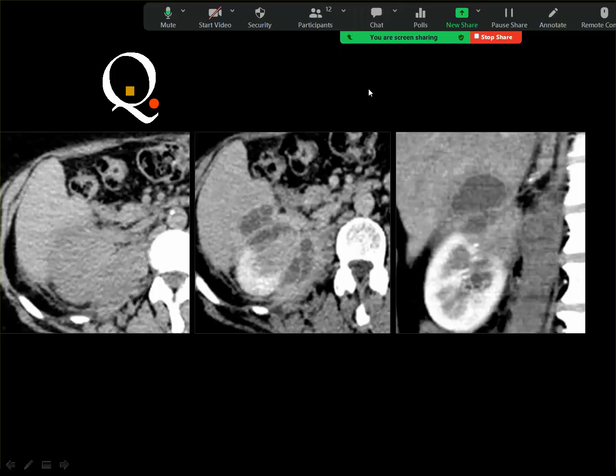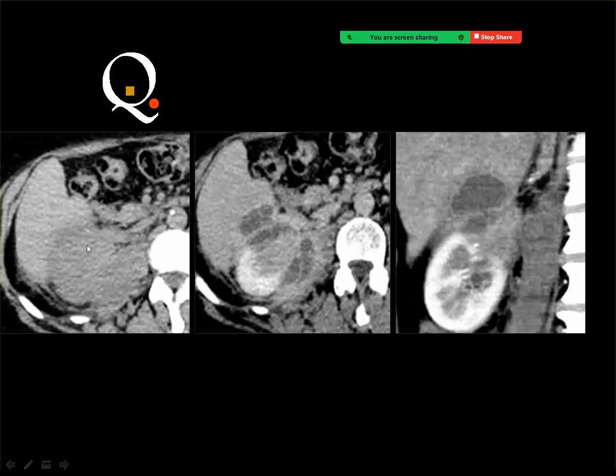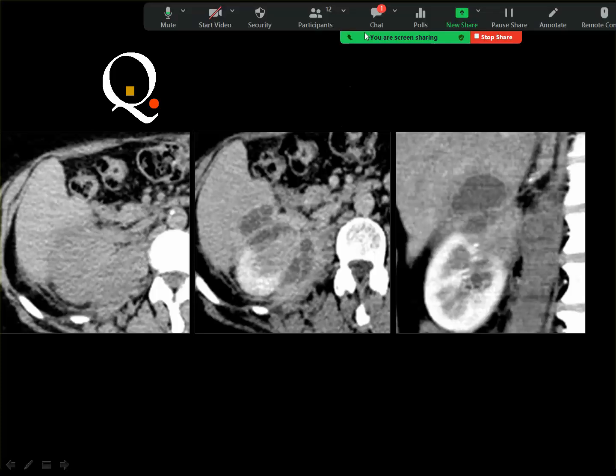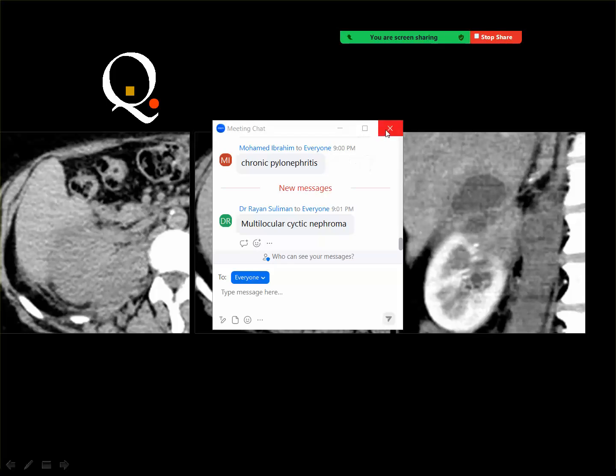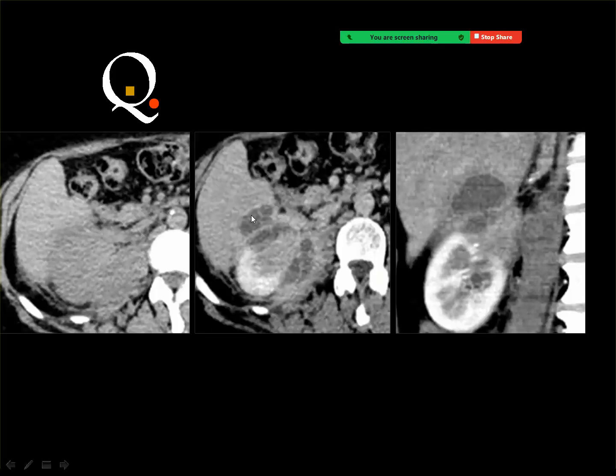The appearance in the pre-contrast scans is difficult to diagnose, but after injection of contrast material, you got multiple marginally enhancing lesions in the kidney as well as in the liver, and these are abscesses affecting the kidney and extended into the perinephric space and also extended into the liver parenchyma, resulting in another abscess.